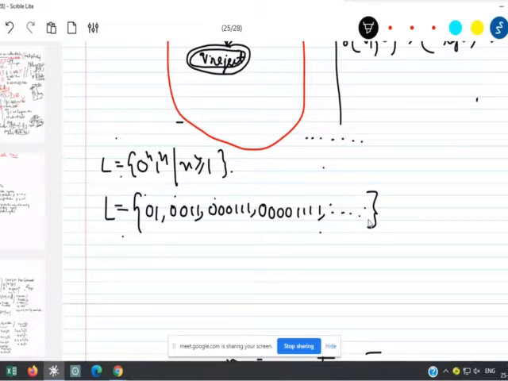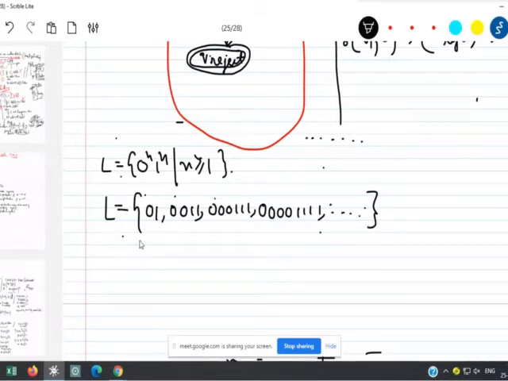But in a Turing machine, once you reach either the acceptance final state or the rejection final state, it is a halt state and you cannot proceed further. That's the main difference between the final state in a Turing machine and the final state in finite automata. So now I'm going to design a Turing machine which accepts such a language.